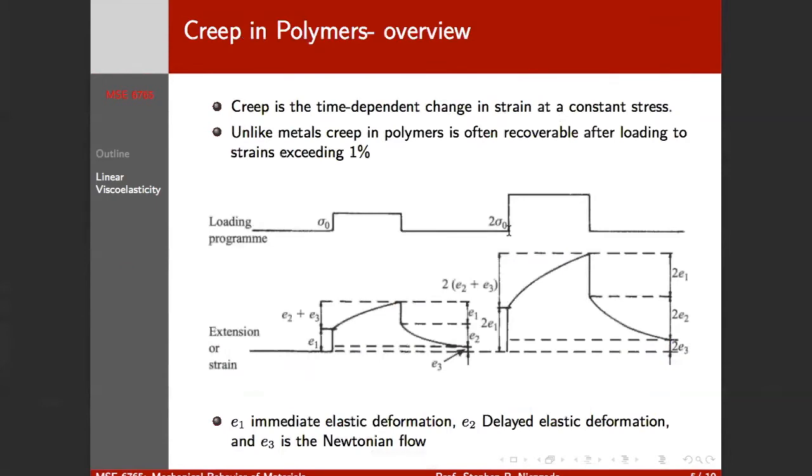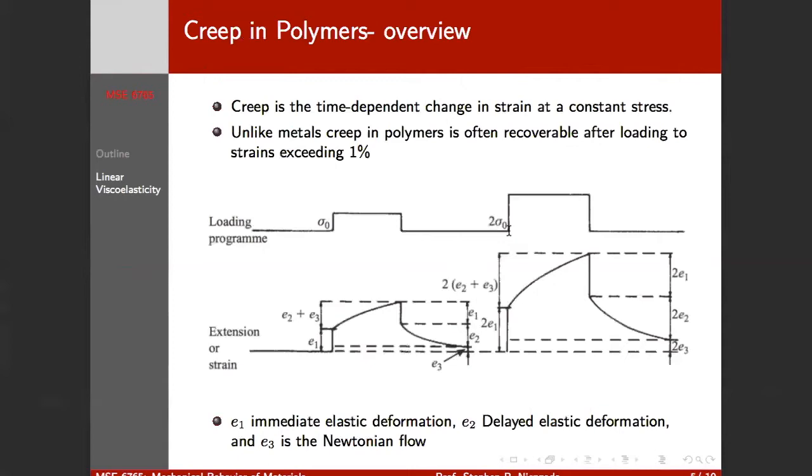So we have a time-dependent change at a constant stress. We start at zero stress, and we add some load. We get an instantaneous elastic response. That's the Hooke's law part. Then we get a time-dependent viscous flow. Then when we unload, we recover our elastic part instantaneously.